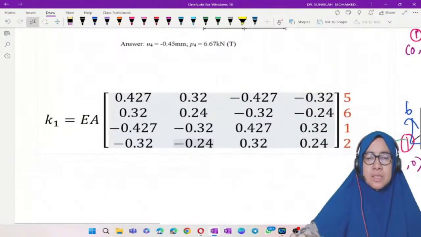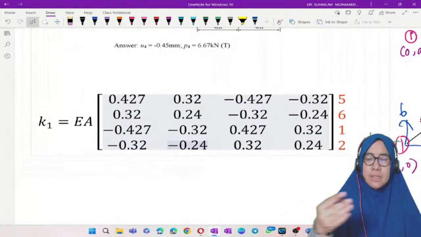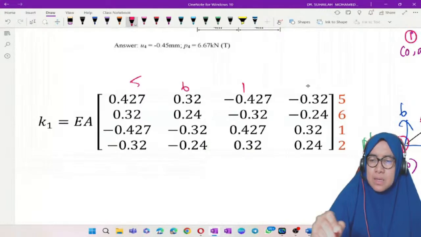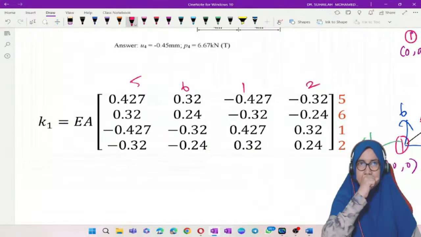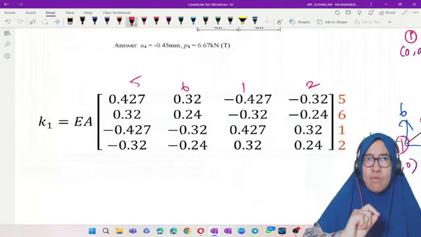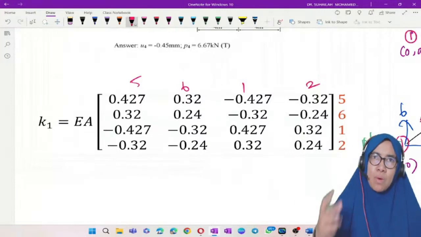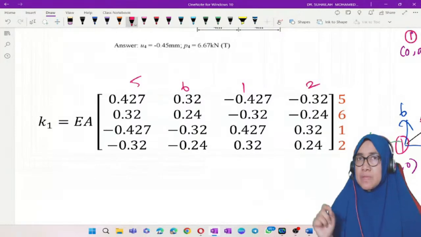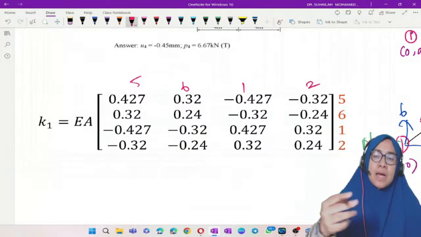Okay, so this is K1. Please check. This is 5, 6, 1, 2. In terms of EA, the formula is EA over L times Cx square, CxCy, negative Cx square, negative CxCy.